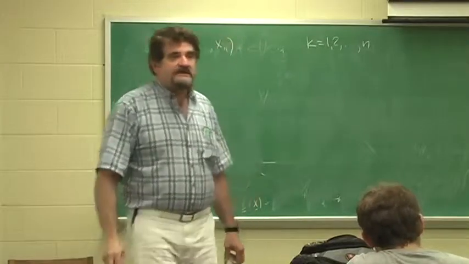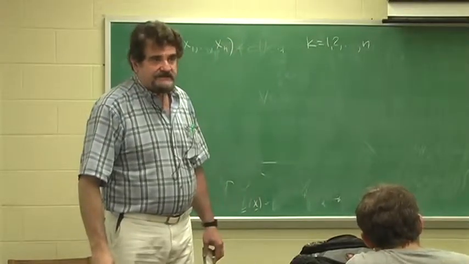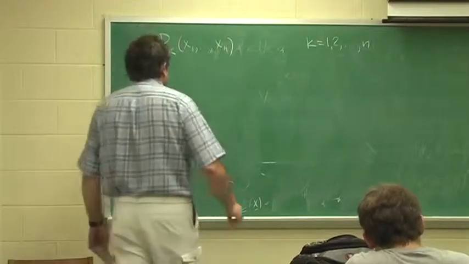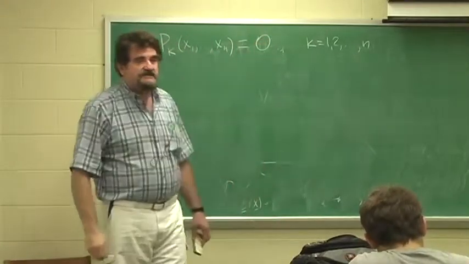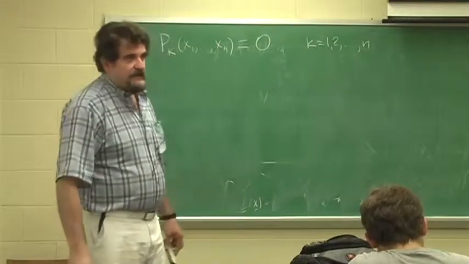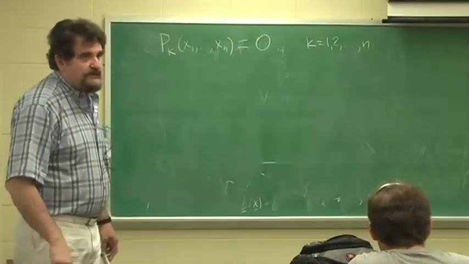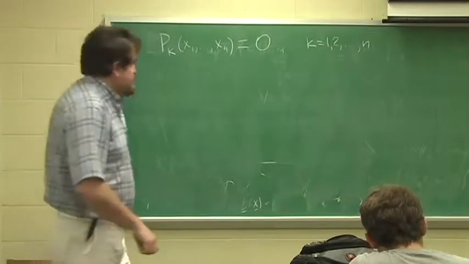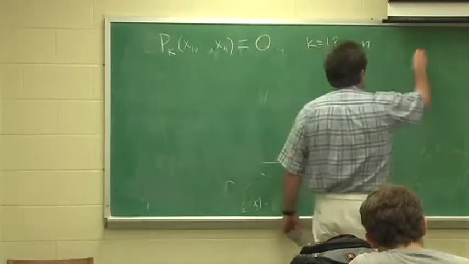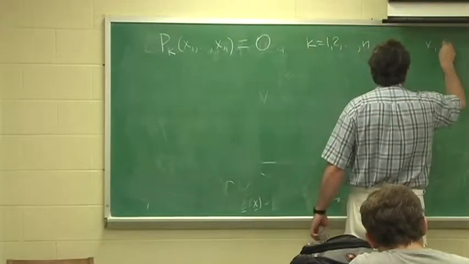So the polynomials are in many variables. And I want to solve such systems of equations. These are systems of n equations with n variables. And definitely x's are supposed to be complex.